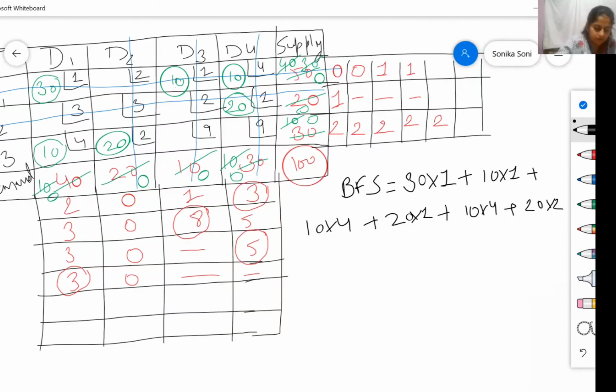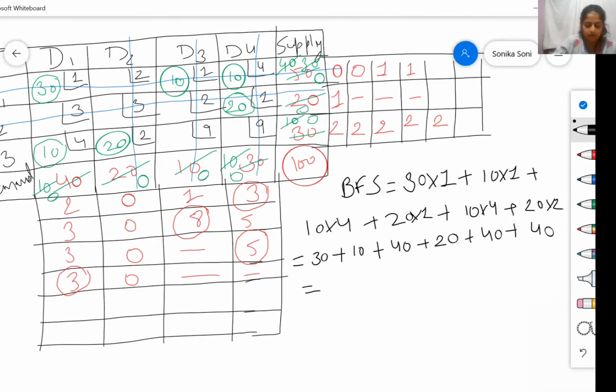So how many total allocations we have: 1, 2, 3, 4, 5, 6. We have 6 allocations. Which means after multiplication, we get 30 into 1 as 30, plus 10 into 1 as 10, plus 10 into 4 as 40, plus 20 into 1 as 20, plus 10 into 4 as 40, plus 20 into 2 as 40 here.